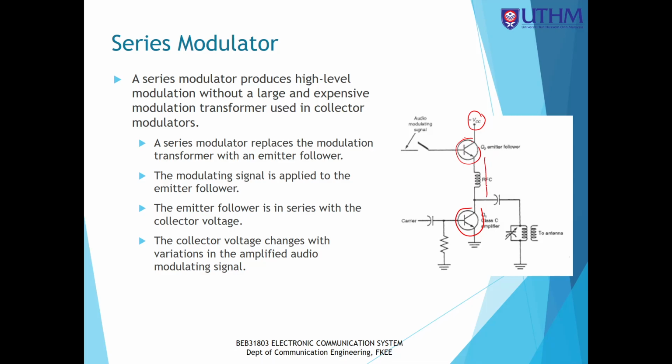So current can flow to the ground and the LC tank circuit can be charging. When both are switched off, current cannot flow from VCC to the ground. Therefore, at that time, the LC tank circuit will discharge to produce the other half of the AM waveform.